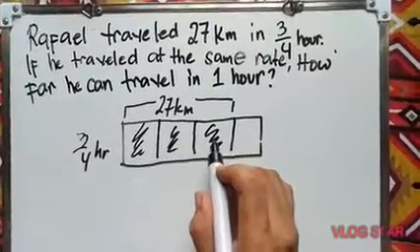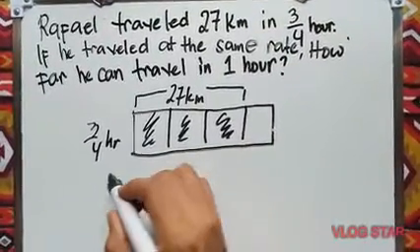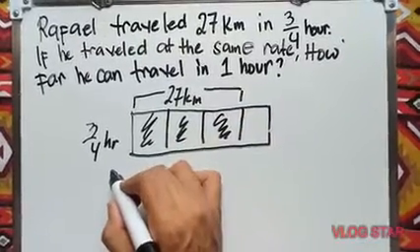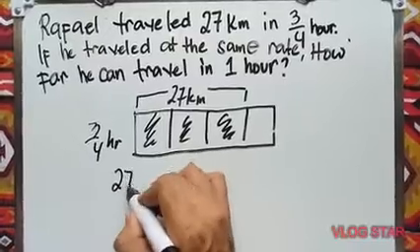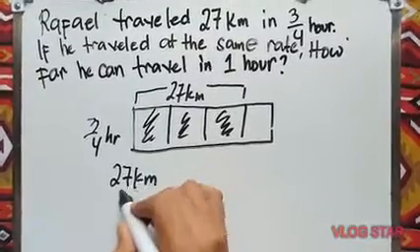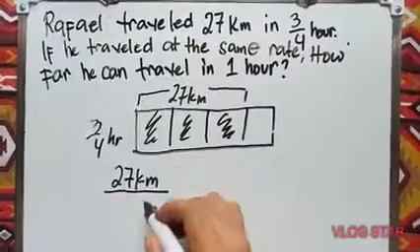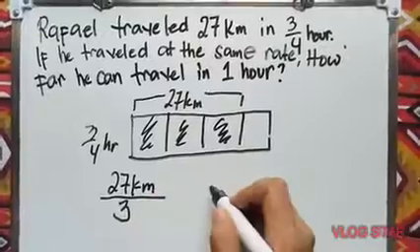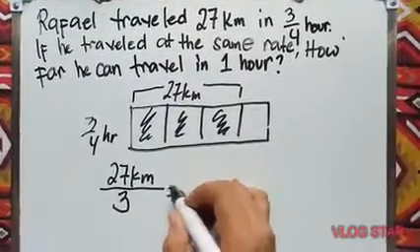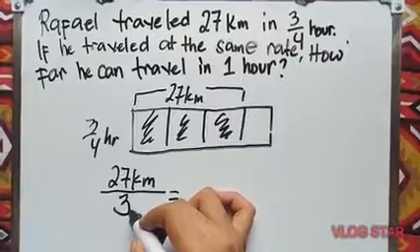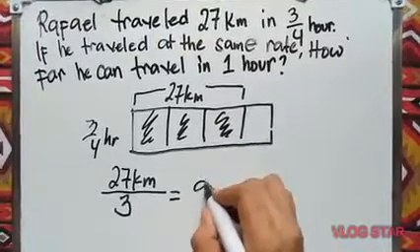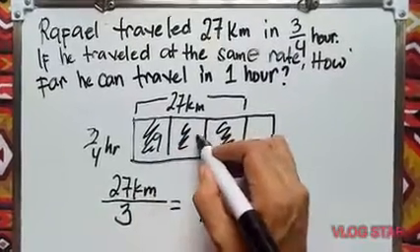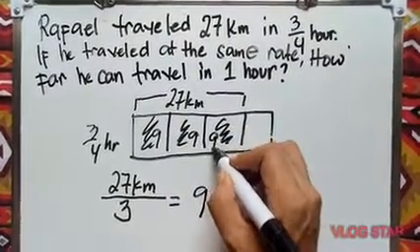So since we have 3, just divide the total number of kilometer, which is 27 kilometer, by the numerator of 3/4 hour, or let's make it 3. So the answer is 27 divided by 3 is 9. It means that 9 kilometer in each part.